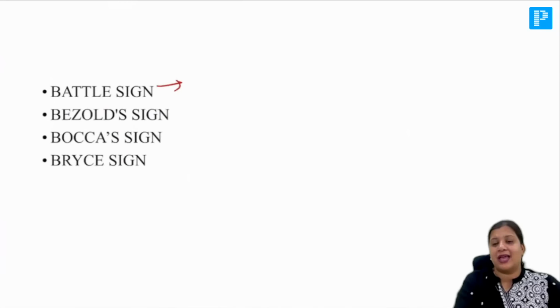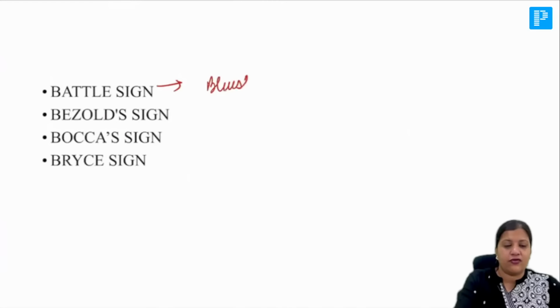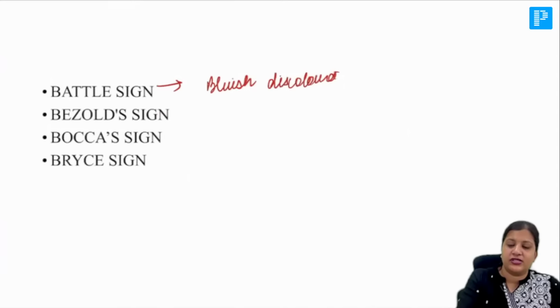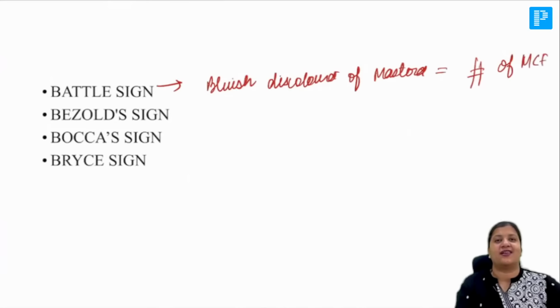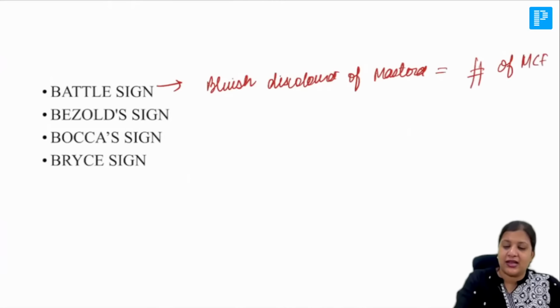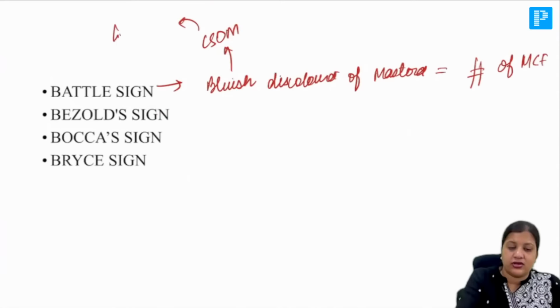What is Battle sign? There is bluish discoloration of mastoid seen in which patient? Bluish discoloration of mastoid seen in which patients? Whenever there is a fracture of middle cranial fossa. Correct? If you see bluish discoloration of mastoid with a history of CSOM, then you should think of Griesinger's sign.